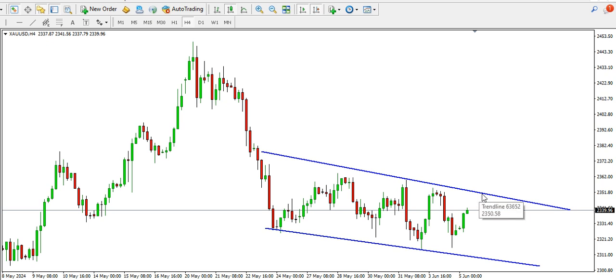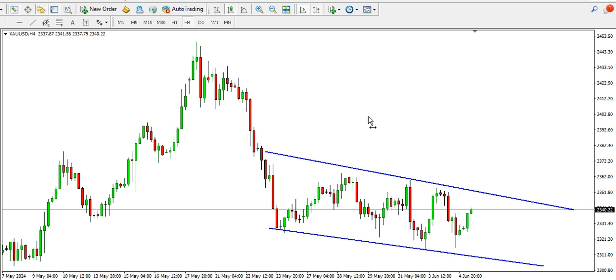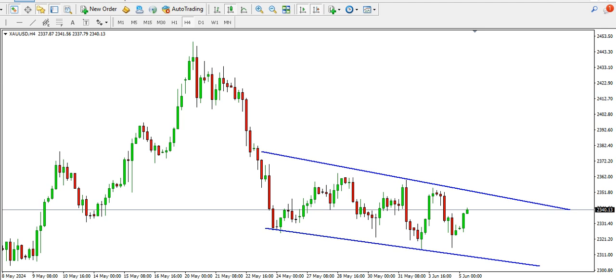In as much as price is ranging, if there is a break around this point, it doesn't end there.